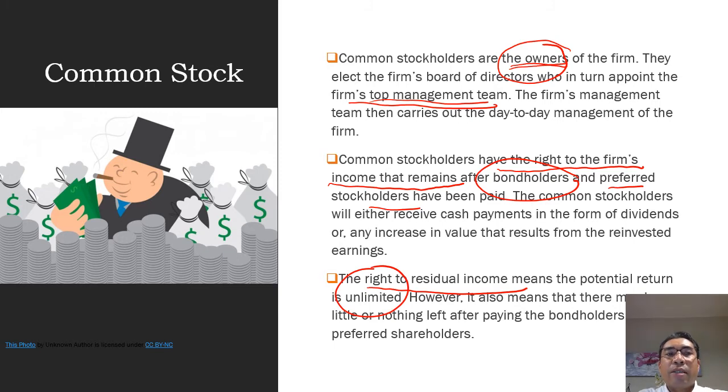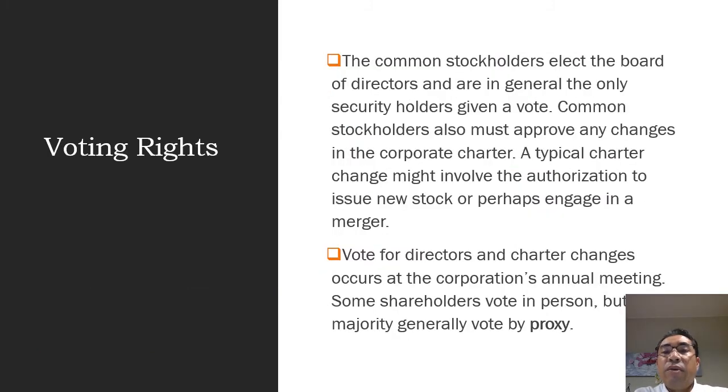As I mentioned on the slide before, the common stockholder is the one who elects the board of directors, who will then elect the management of the company. One of the privileges of being a common shareholder is the voting right.